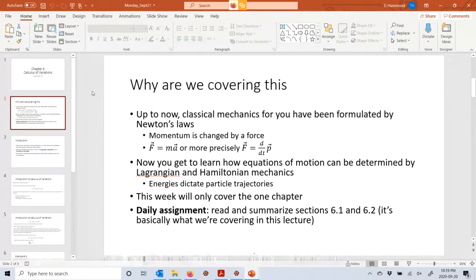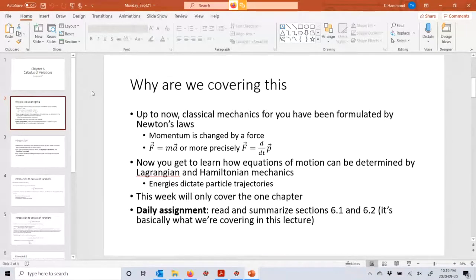This week we'll only cover the calculus of variations, and that's because it's likely new math for you. There isn't really that much physics this week. It's to introduce the mathematical concepts so that we can then spend the next several weeks developing the Lagrangian and Hamiltonian mechanics.